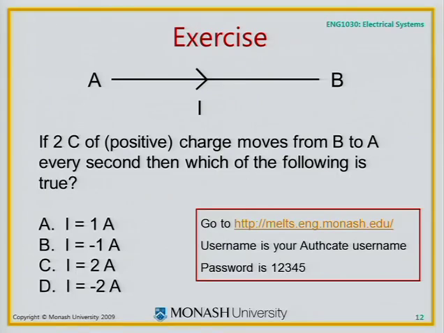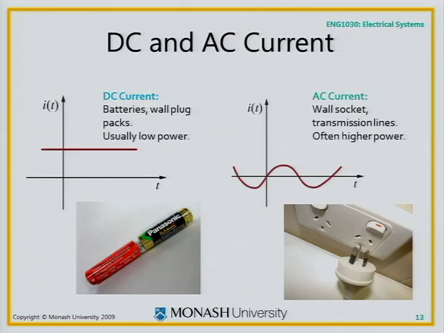If I have 2 amps moving from B to A, then that's positive 2 amps from B to A, so it must be negative 2 amps from A to B. That's where I is pointing, so the answer was minus 2 amps. So it looks like most of you are okay with this direction, current, polarity, and those sorts of things.